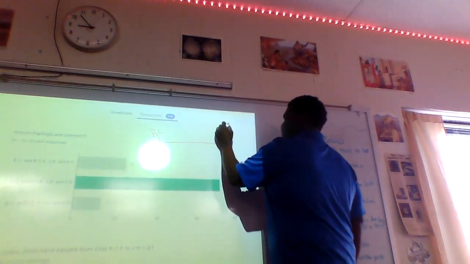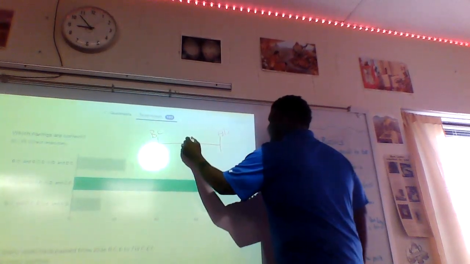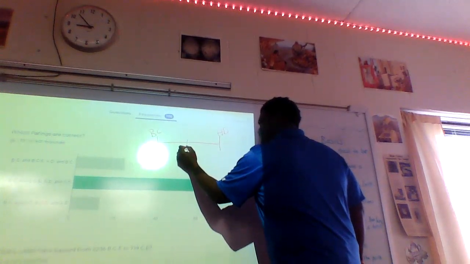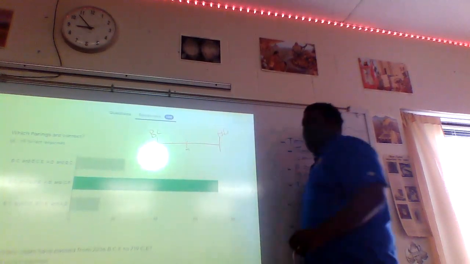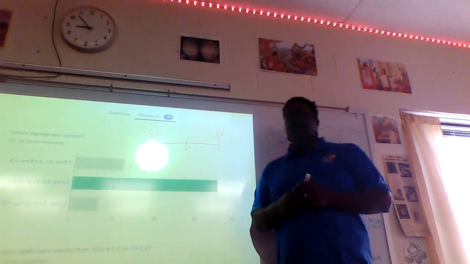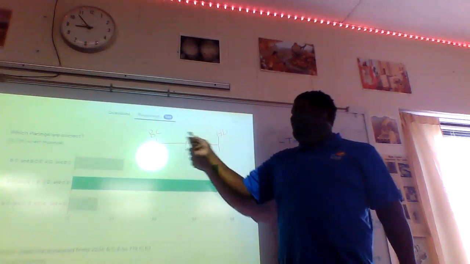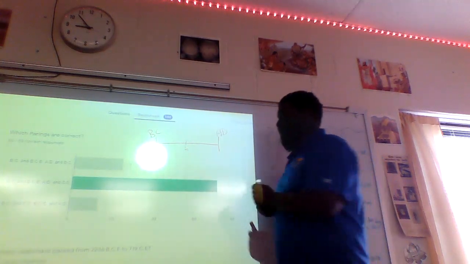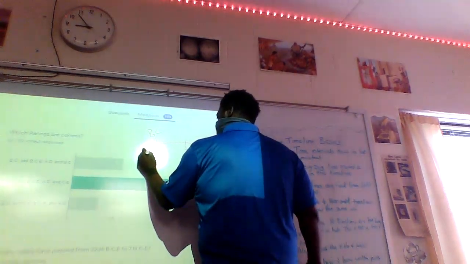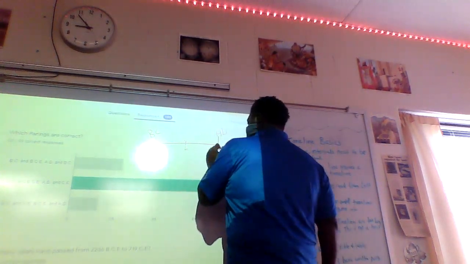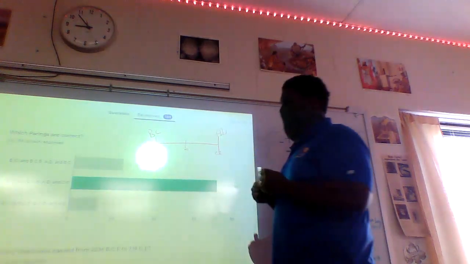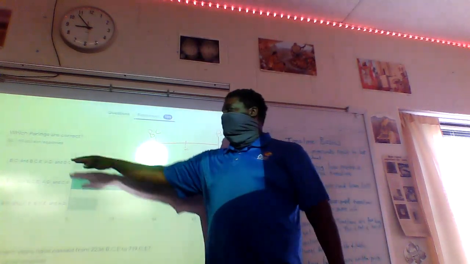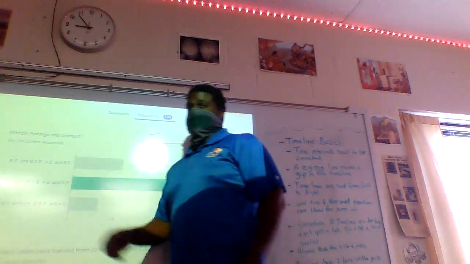Right? So if we're looking at a timeline and it goes across from BC to AD, or if it goes from BCE to CE, I can definitely see how you would have said, well, yeah, this is correct.